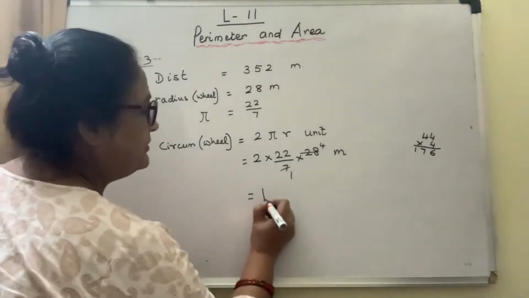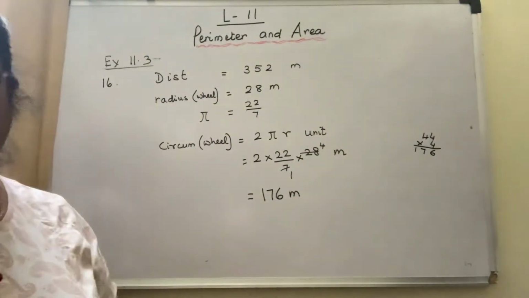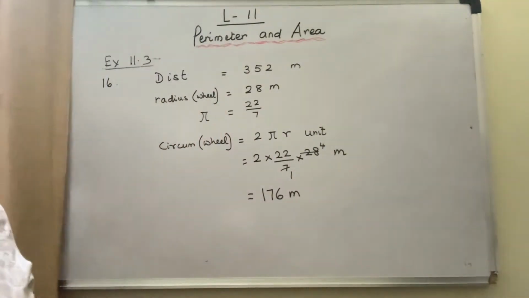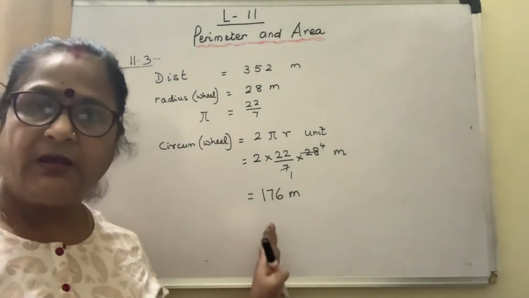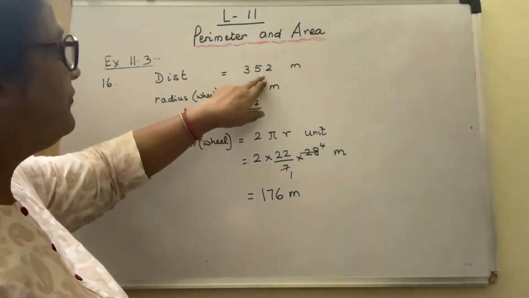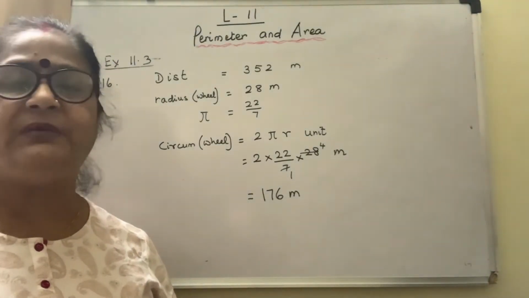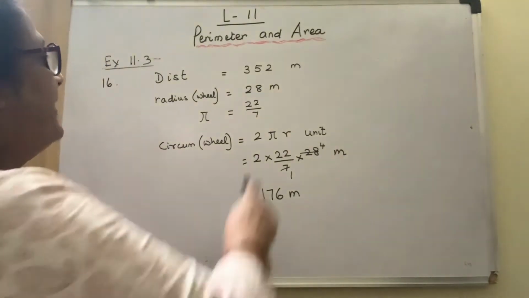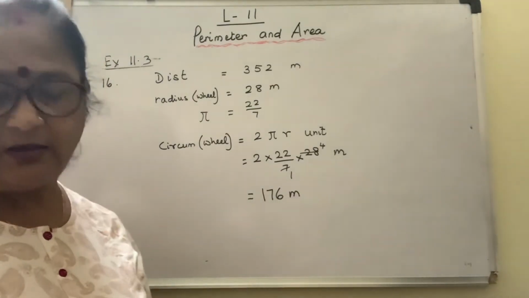So the circumference of the wheel is 176. That means if it goes 1 round, it is covering 176. So to cover 352 meters, how many rounds it has to make, that is what we have to find. To find that, divide the distance given by the circumference, and you will get your answer.